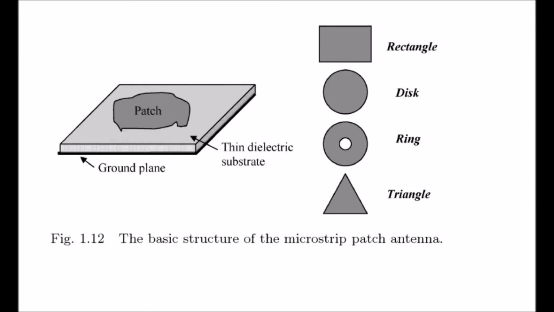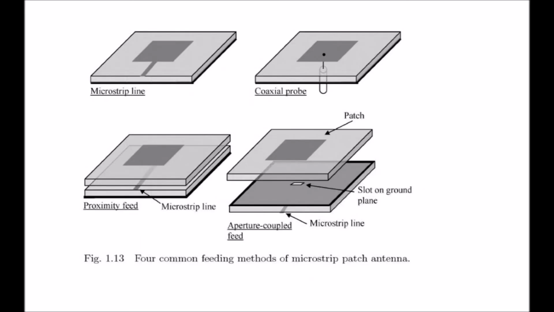Four feeding methods are shown in Figure 1.13. They are coaxial probe feed, microstrip line feed, aperture-coupled feed, and proximity feed. Electromagnetic energy is first guided or coupled to the region under the patch, which acts like a resonant cavity with open circuits on the sides.